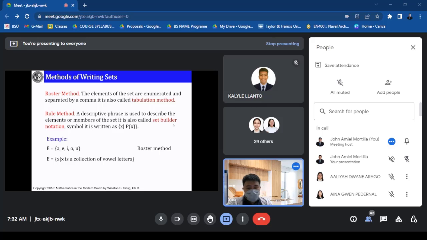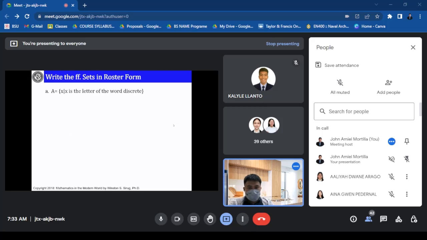So E is equal to x such that x is a collection of vowel letters. So this is the rule method. So A is x such that x is a letter of the word discrete. Anyone please, ang roster form ng ating rule method.